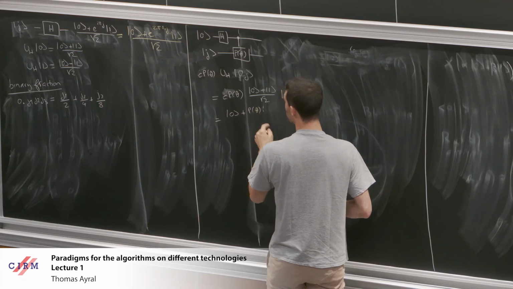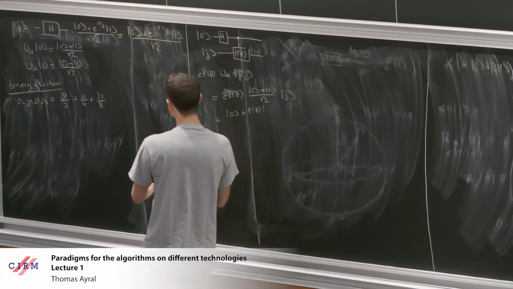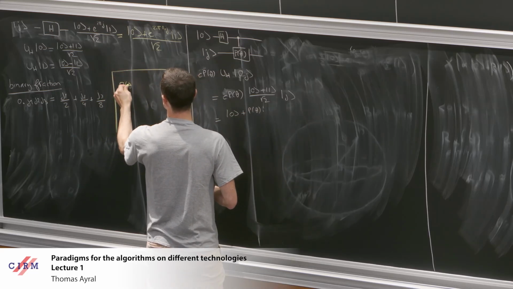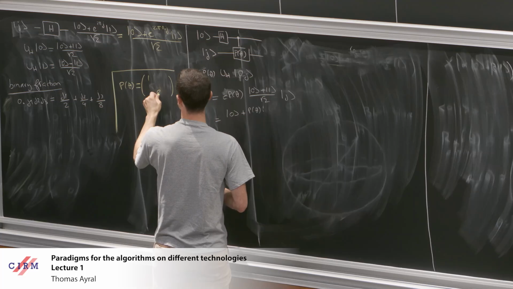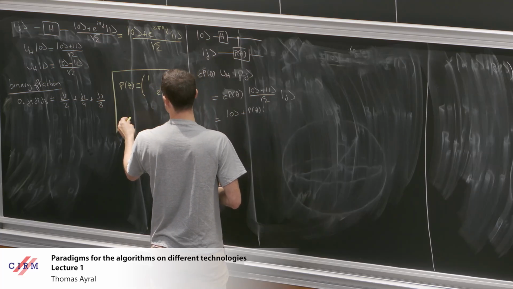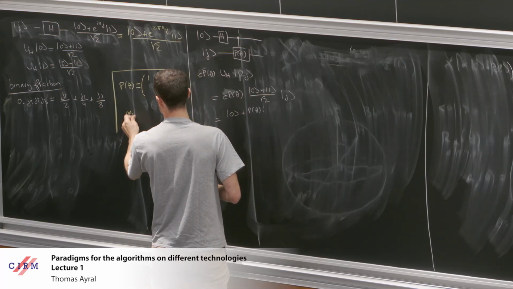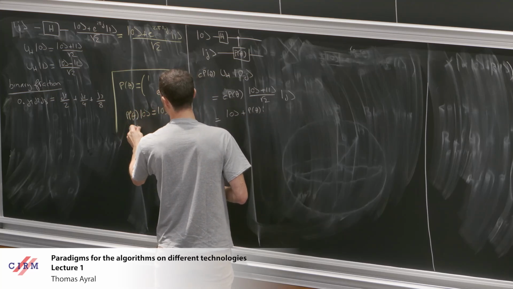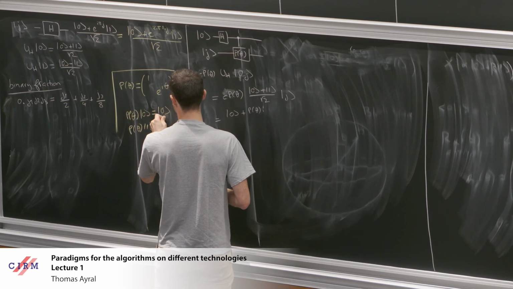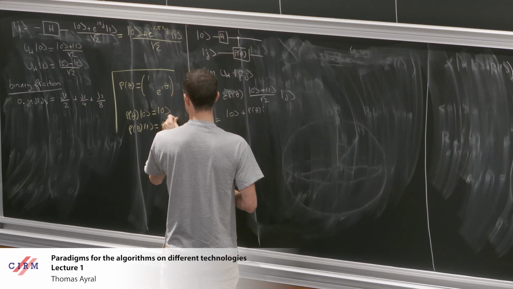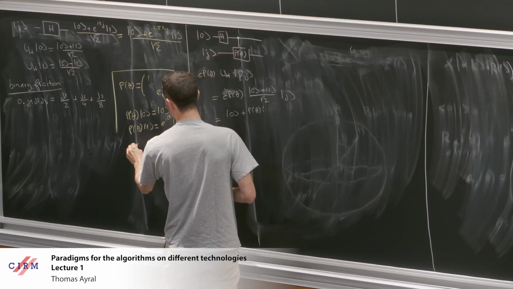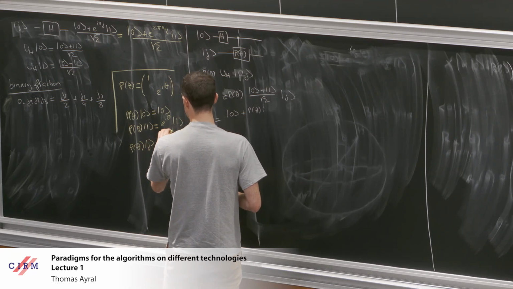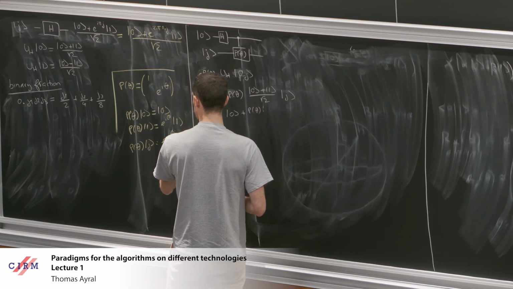Okay, what is phase of theta applied on j? Let's do it here in the small corner. You remember that phase of theta is 1, exponential of i theta. So if I do phase theta on 0, nothing happens. And if I do phase of theta on 1, I get e^(i theta). So you should agree with me that if I do phase of theta on j, I get e^(i theta j) times j.